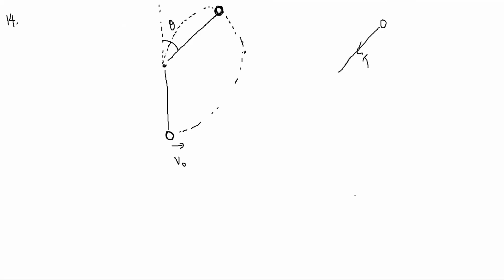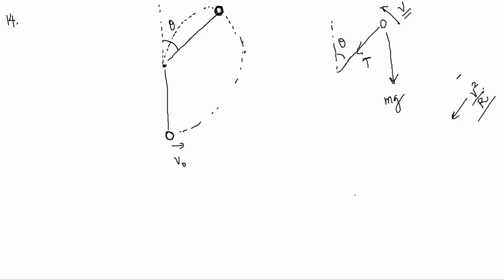This should have been the tension. This would have been the mg, and it would have some velocity here, v, correct? If it is going in a circle with velocity v, the acceleration towards the center is v square by capital R.